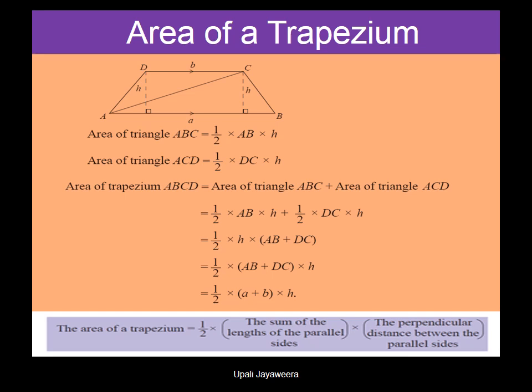If the two parallel sides of the trapezium are a and b, then area equals half into h into (a plus b). The area of the trapezium equals half into the sum of length of the parallel sides into the perpendicular distance between the parallel sides.